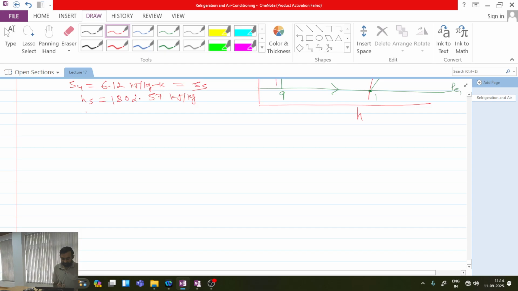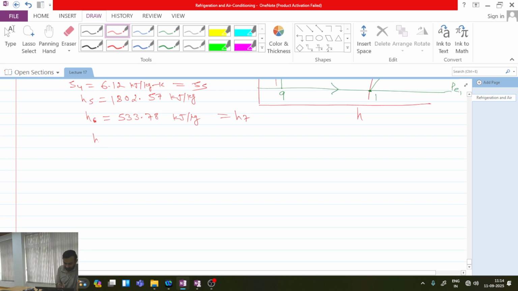Okay. Then what about H6? Saturated liquid state at condenser pressure or condenser temperature of 40 degrees Celsius. How much is enthalpy? 533.7 kilojoule per kg. It will be equal to H7.